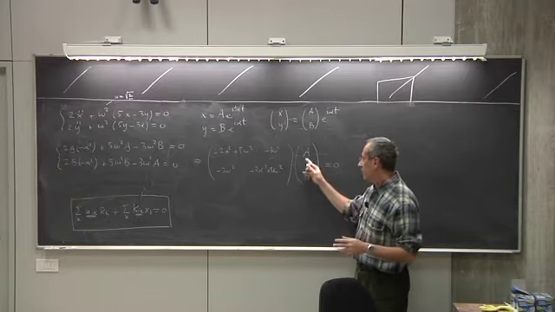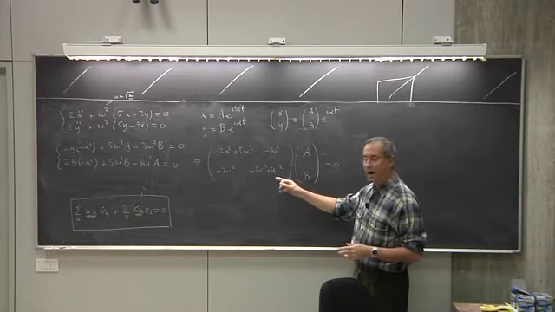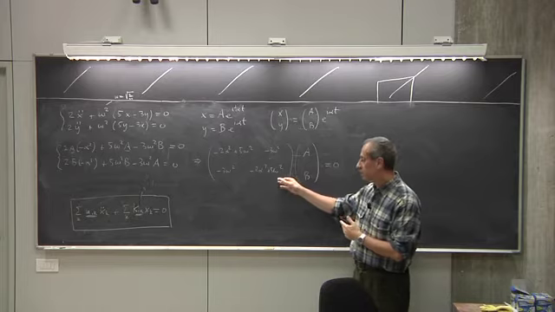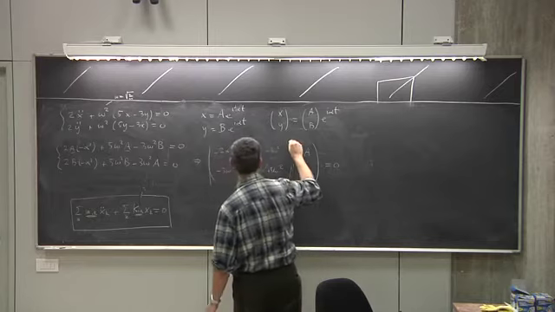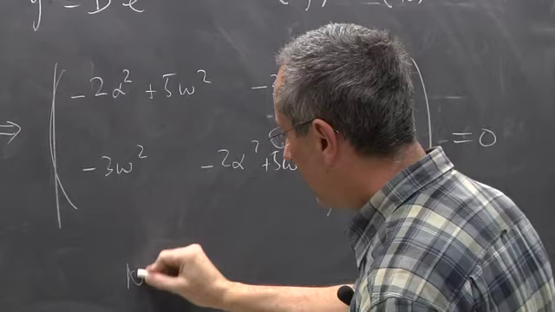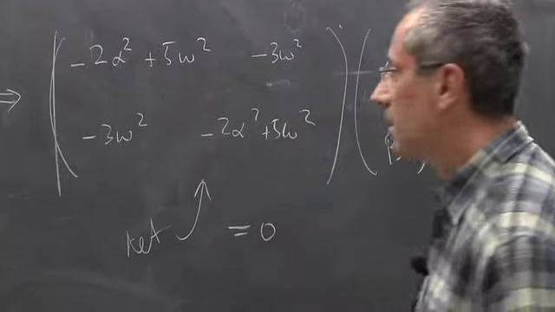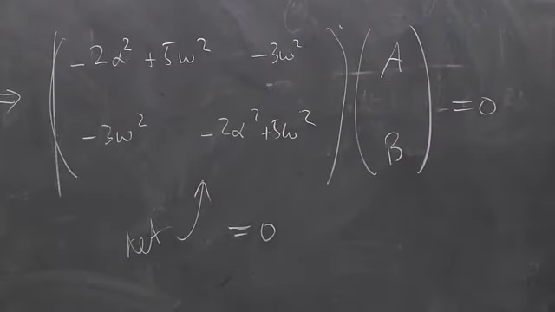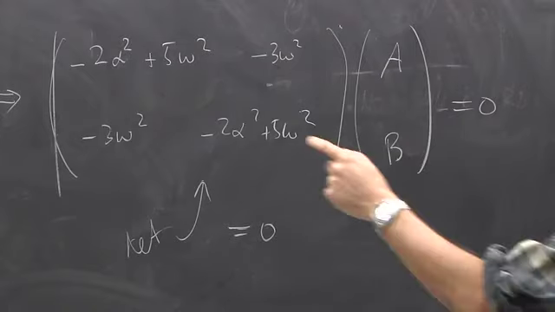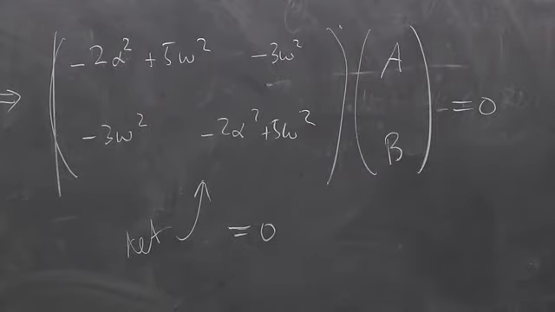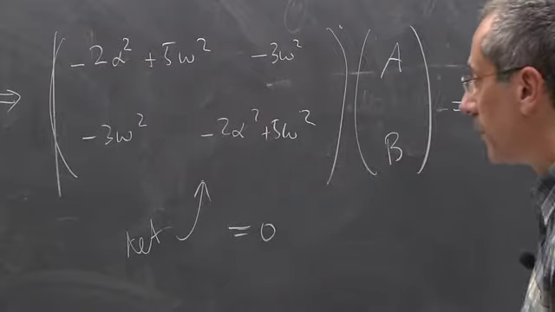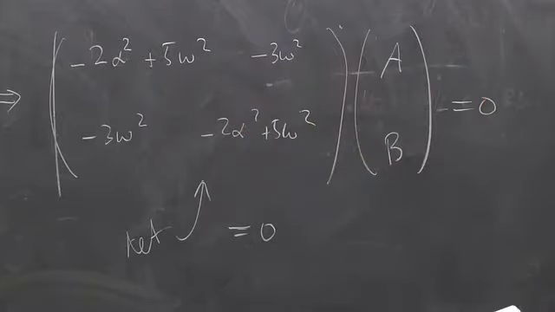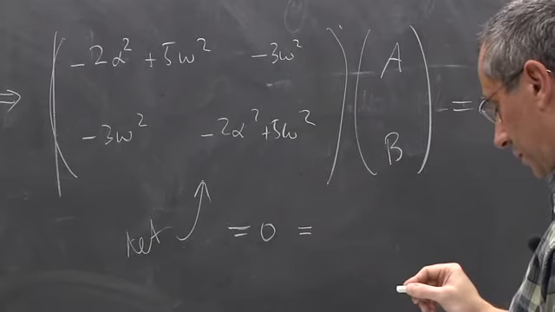And again, you know that for this to have a solution, you require, as we did in general, that the determinant of this must vanish. So what is the determinant of this? Well, you multiply the diagonal terms and subtract the product of the other ones.